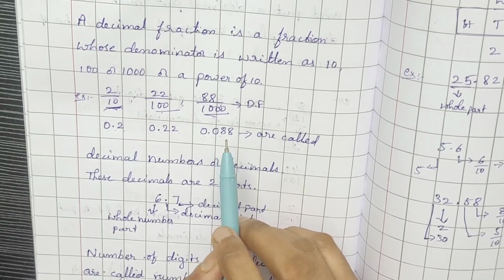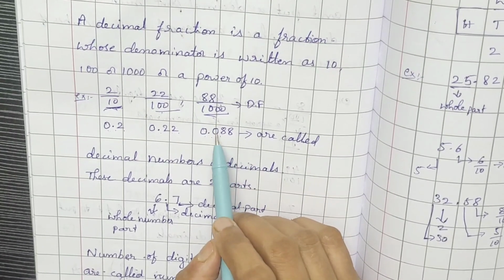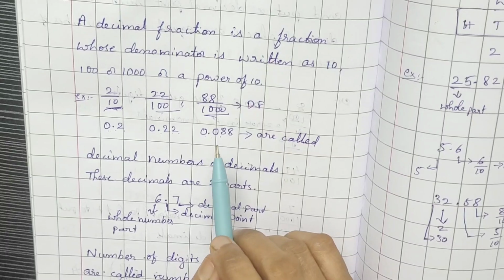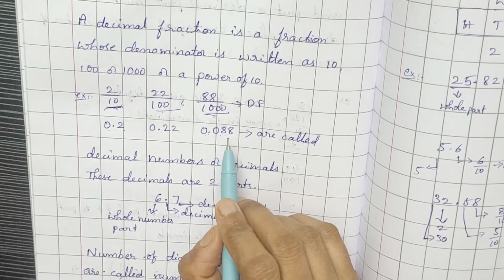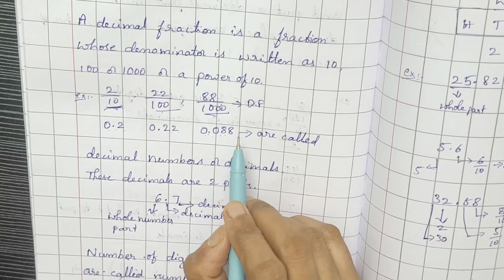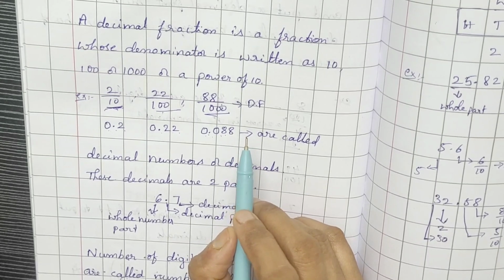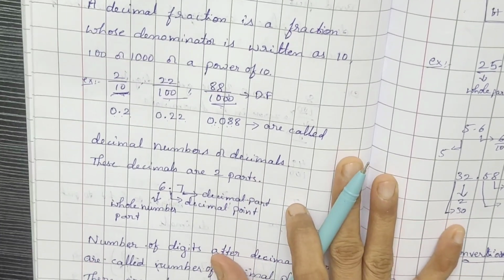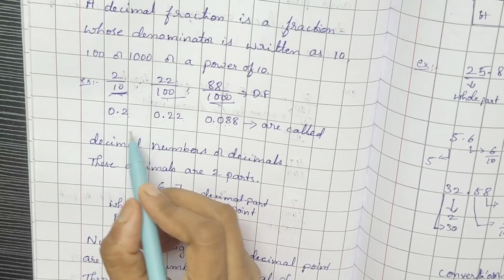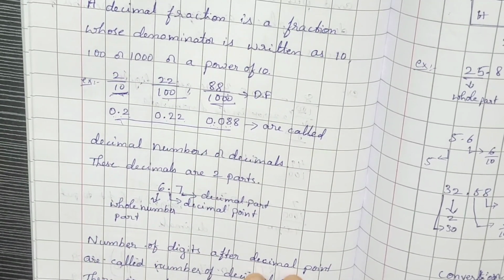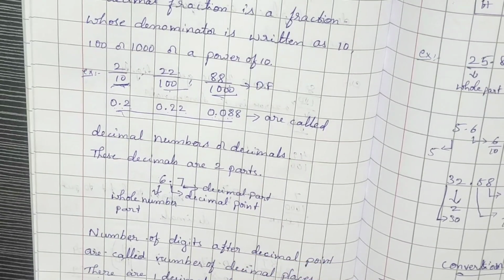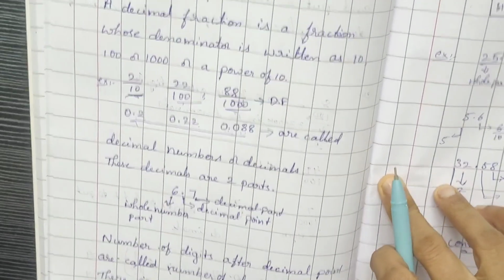So in decimals we can't say 88. Okay, in decimals after the point we have to say 088. Okay, these are all called decimal numbers, or decimals.